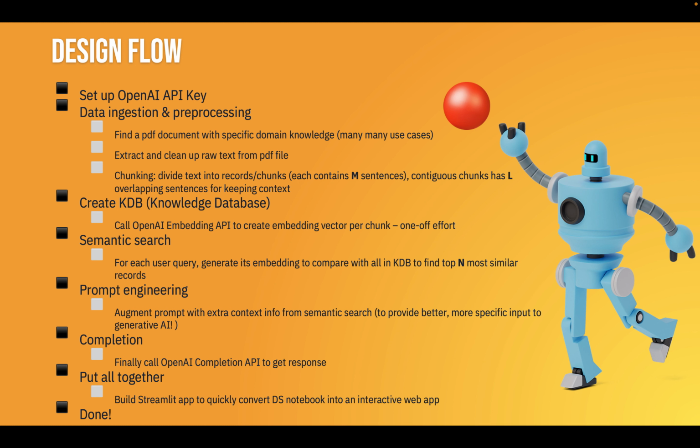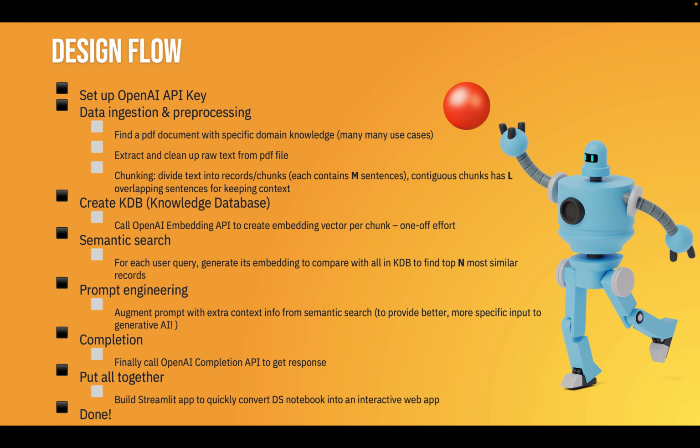You then extract and clean up the raw text data from the PDF file, followed by text chunking, which divides the whole text into several chunks. Each chunk contains a few sentences, say M sentences, where M is a tunable parameter. Another one is the overlapping size, which means contiguous chunks have several overlapping sentences for keeping the context in each chunk.